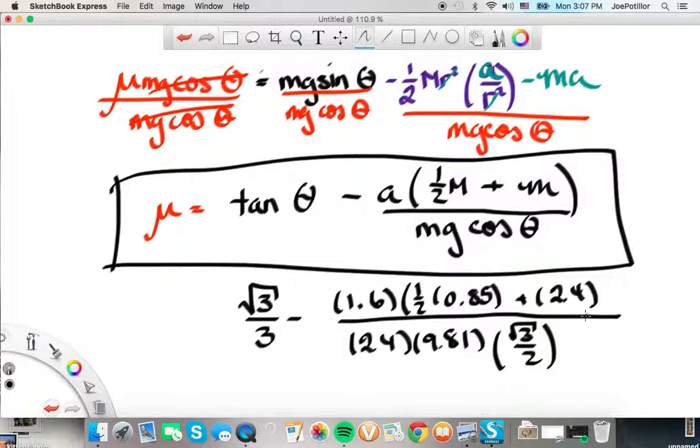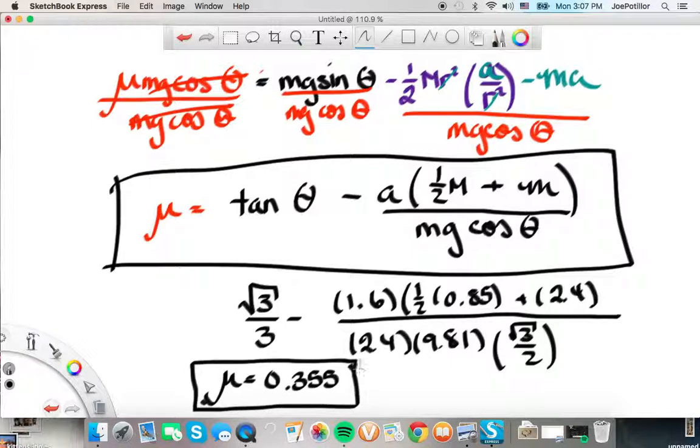And we get 0.355. So we get mu is about 0.35, and there are no units to the coefficient of friction. That's a reasonable answer for the problem, because it's smaller than 1, obviously.